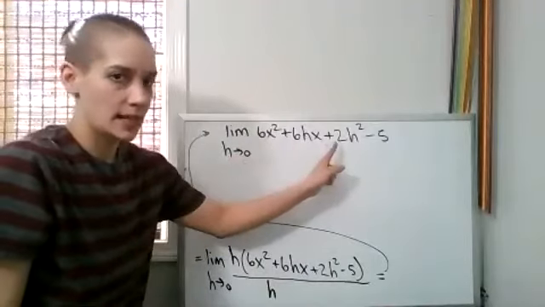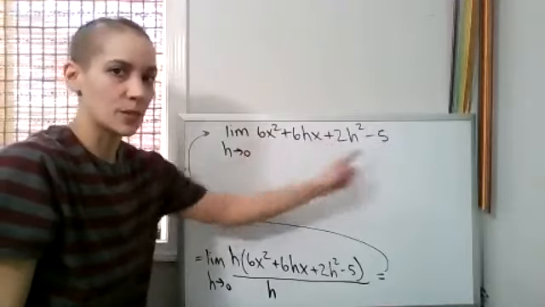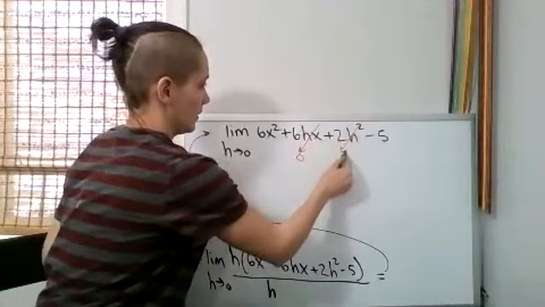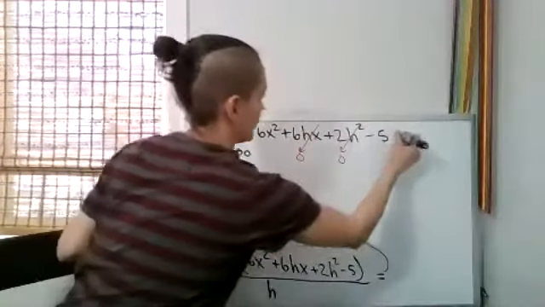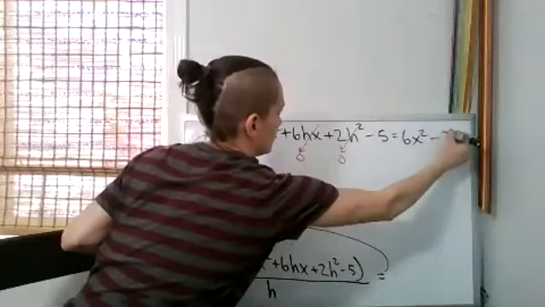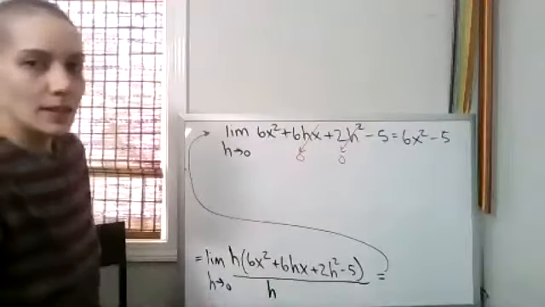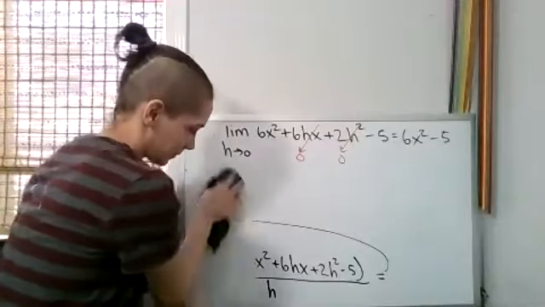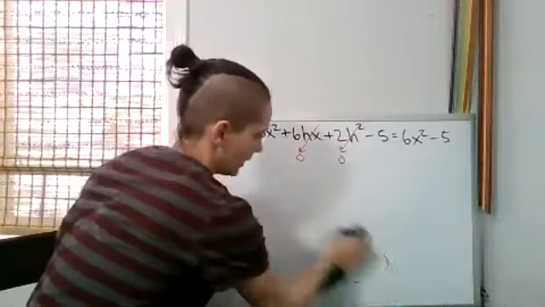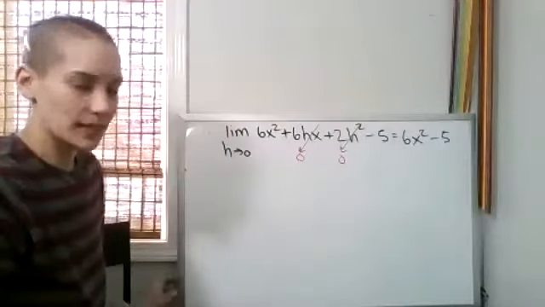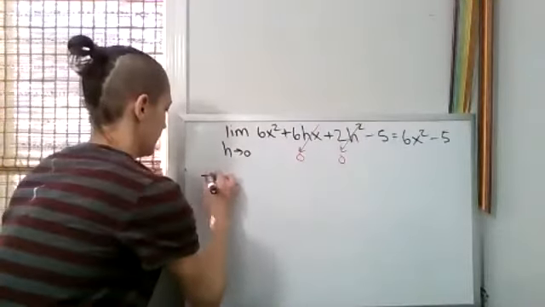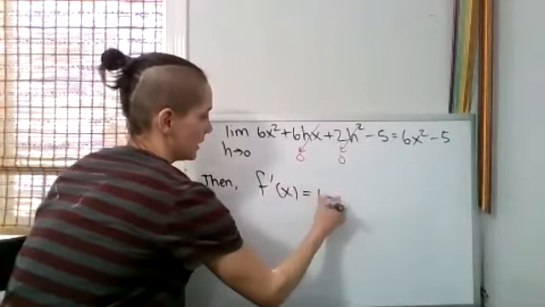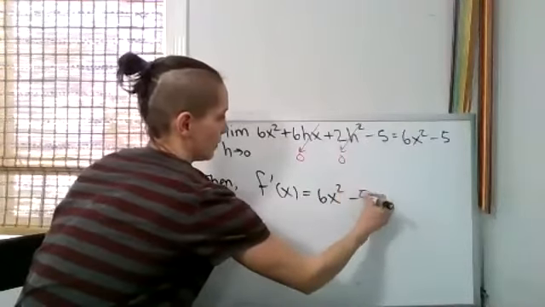So that will be a 0, and that's going to be a 0. And what's left is 6x squared minus 5. All right. And all of that work was to get f prime of x. So we have f prime of x is the function 6x squared minus 5.